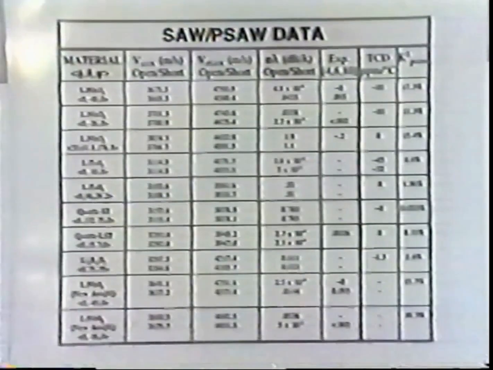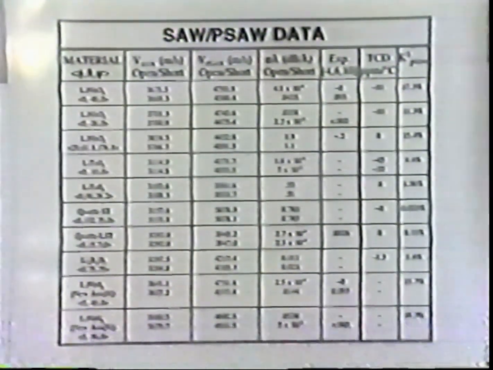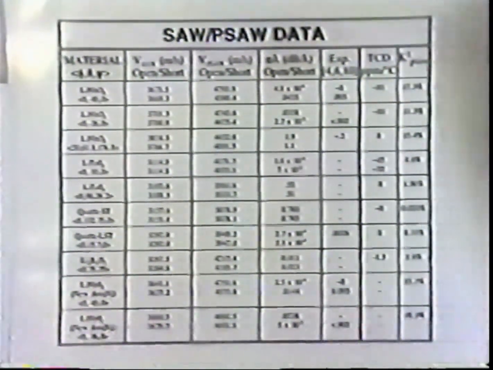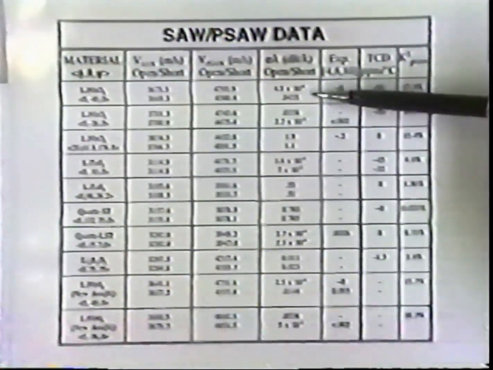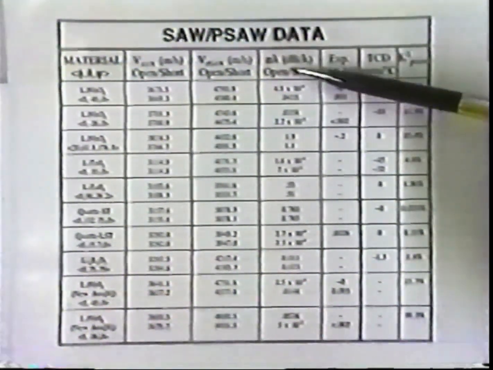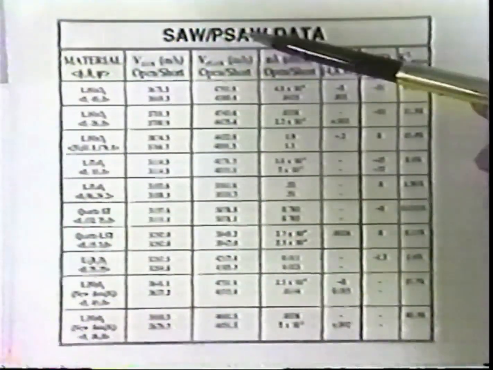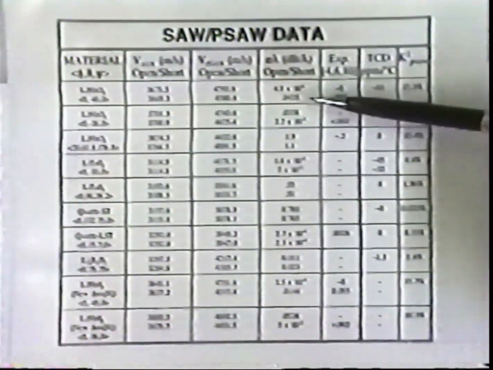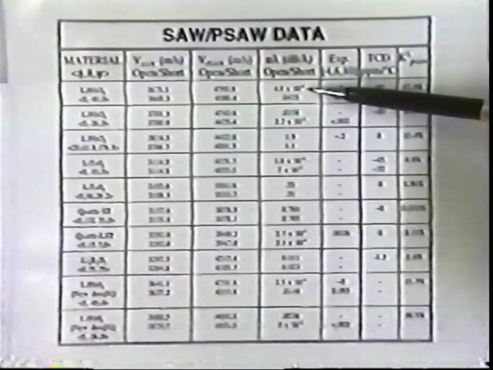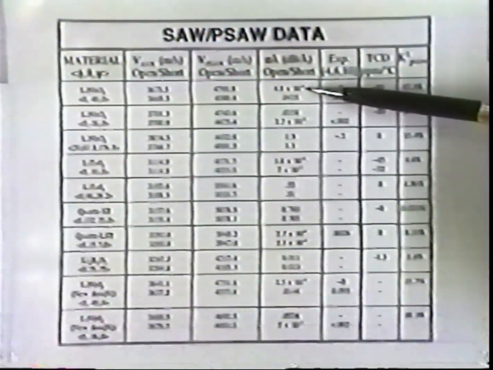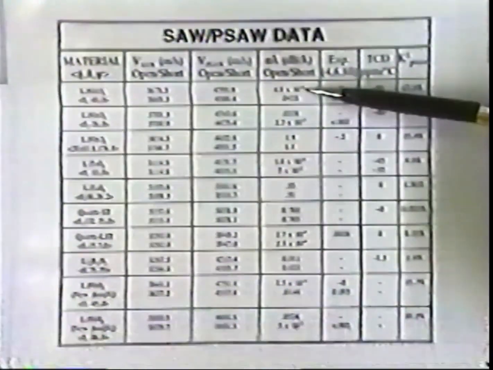And I don't want to go through all of these in major detail, but if we take a look at the first two, for example, if you look at the dB per wavelength for the pseudo-SAW solutions, you'll find that it is almost negligible for the open circuited case, for the orientation 0, minus 49, 0. This is the so-called 41 degree cut.